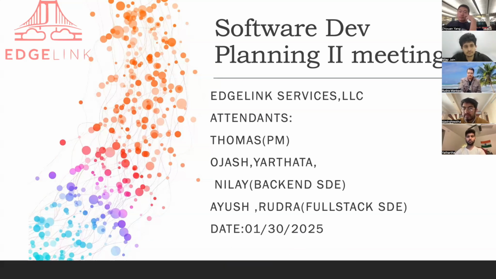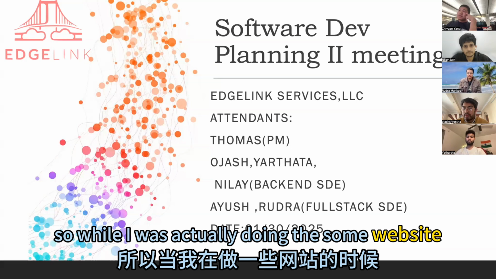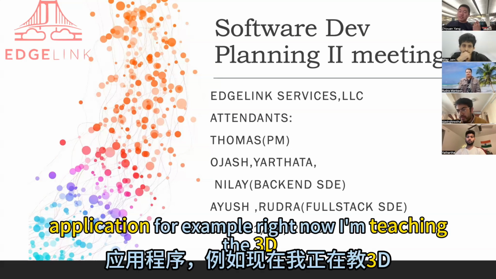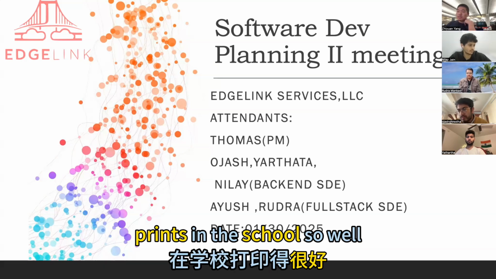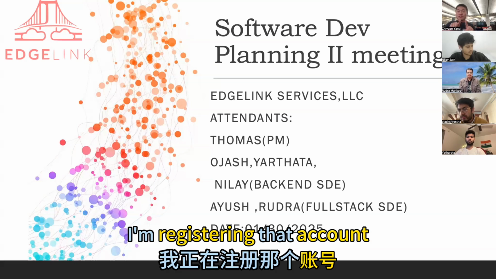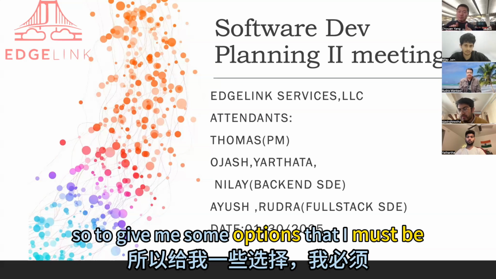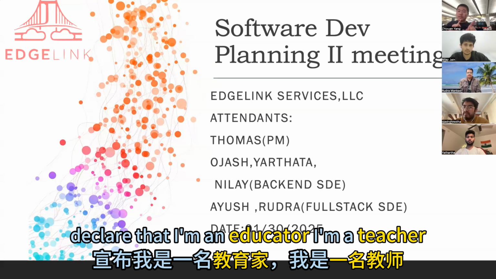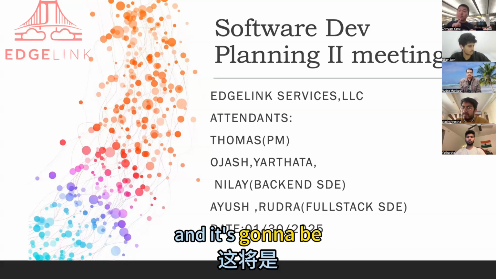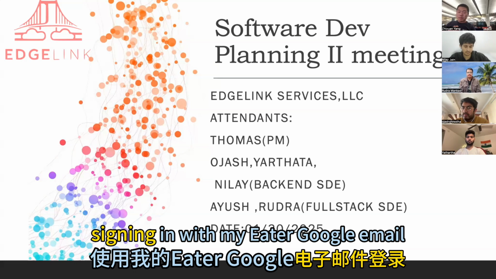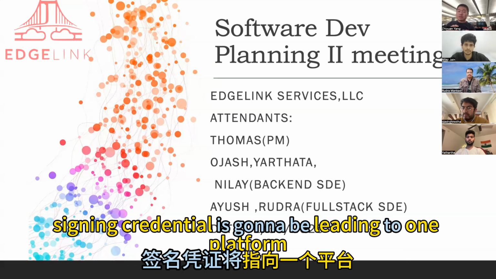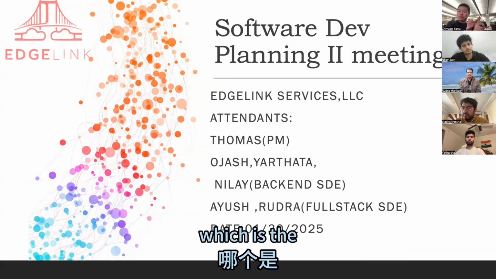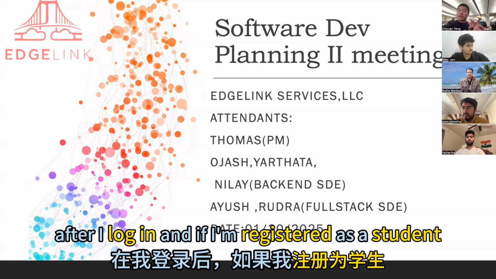Sorry. While I was actually using some website applications, for example, right now I'm teaching 3D printing in the school. While I'm registering that account, it gives me some options where I must declare that I'm an educator, a teacher. Then I just click that, and it's going to sign me in with either my Google email or whatever sign-in credential, leading to one platform after I log in.